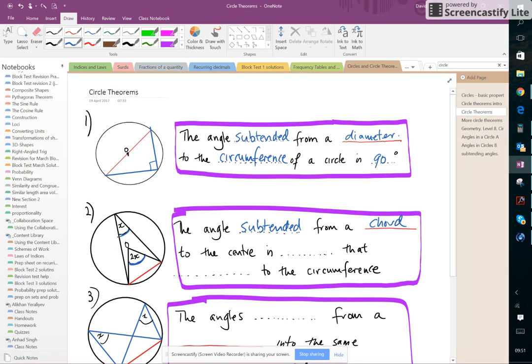Okay, so the angle subtended from the chord to the center is twice or double that subtended to the circumference. And in actual fact, notice that when we create this chord here, we're creating two segments. This tiny little one here, and this much bigger one there. The rule is that the angles must be subtended into the same segment. So we'll write that down in there as well, into the same segment.